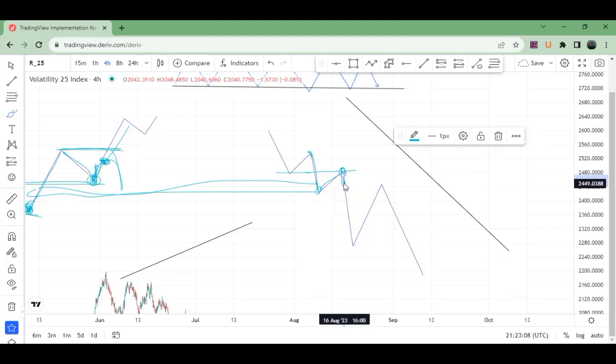The reason for that is because if you sell there, or if you sell beyond that, where will you put your stop loss to be sure that your stop loss is safe? A lot of traders always trade the markets without even caring about where their stop loss will be. It's very important.